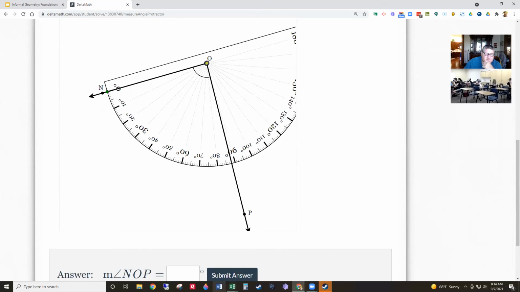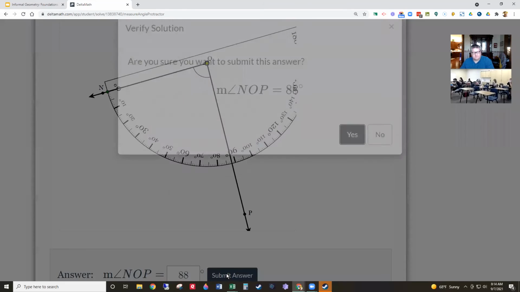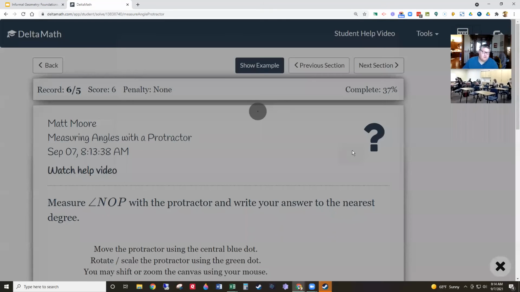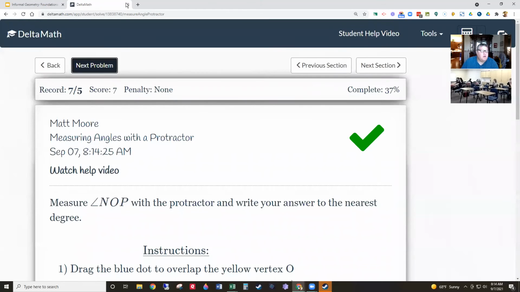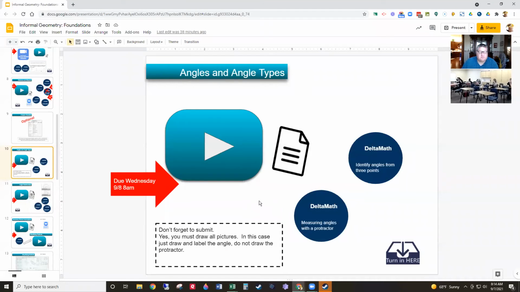Now, how big is this? I heard 91, I thought. It would be 91 or 92 if it were coming from this way, but since we're coming from here, 88 maybe? There it is. Okay, so that's what you have for today.